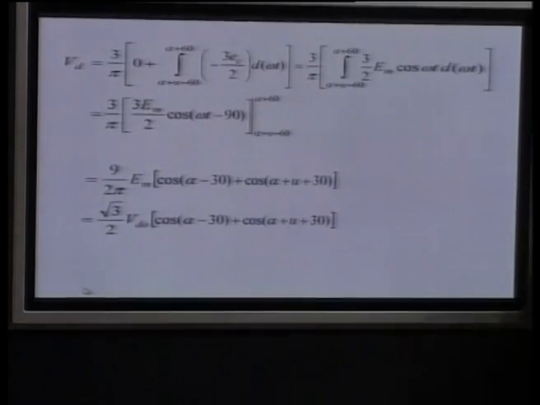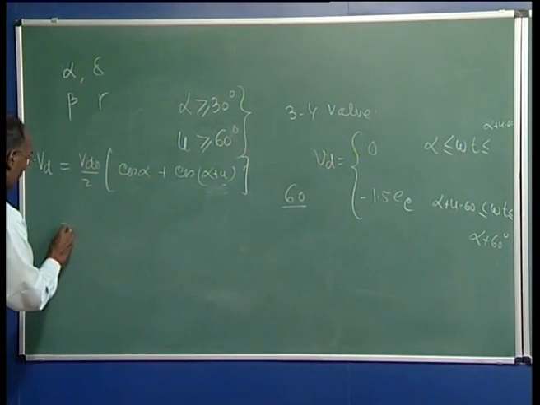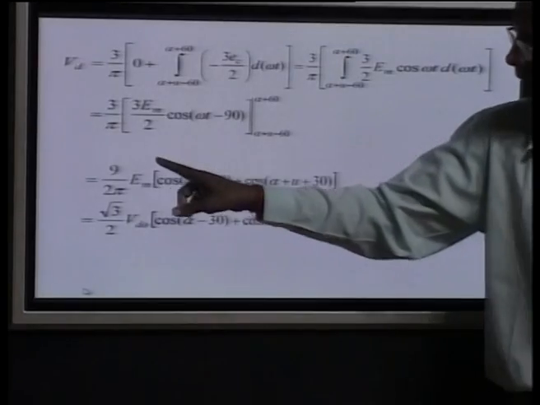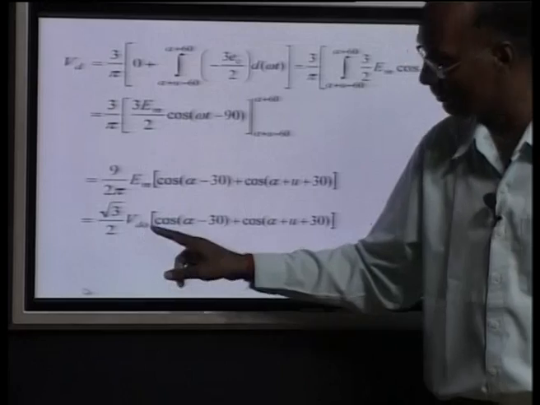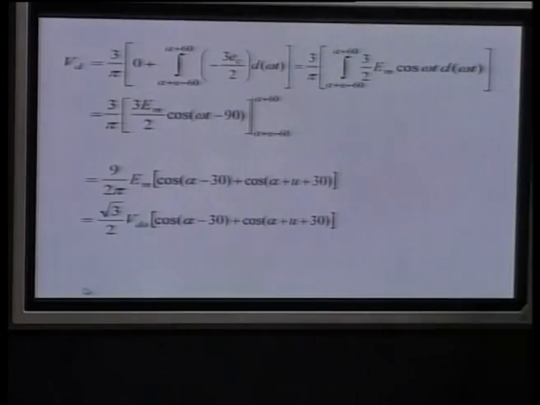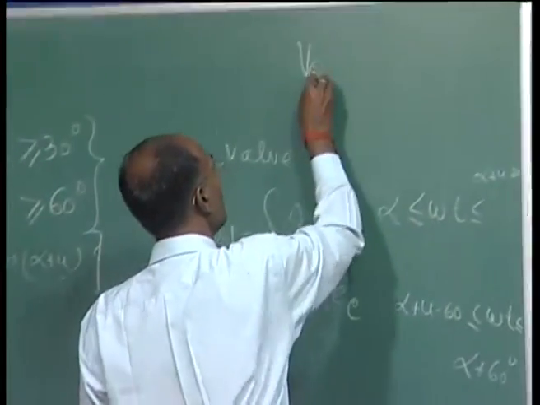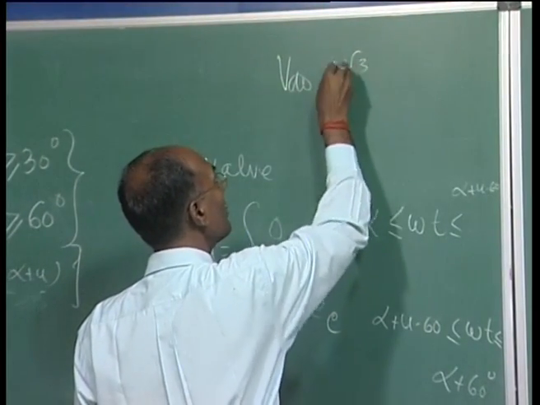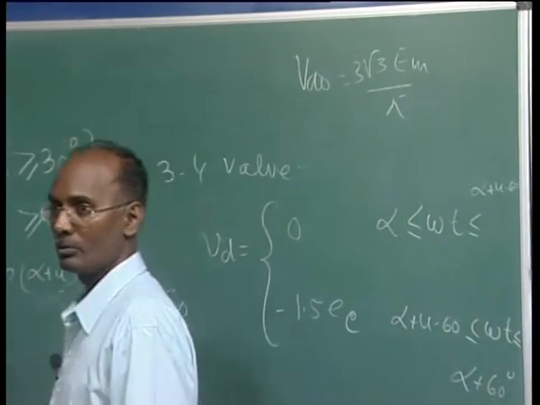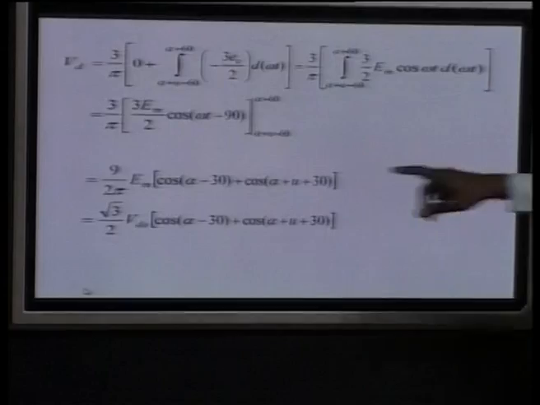But the component is different from the previous one. Earlier, VDO was under root 3 Em by pi. Now it is different.